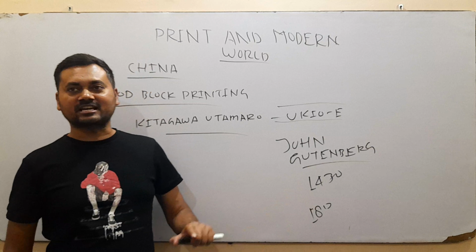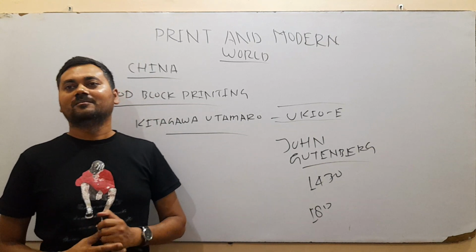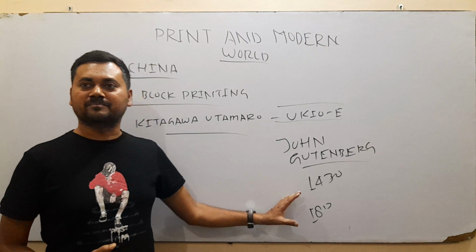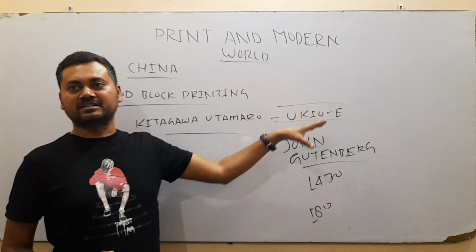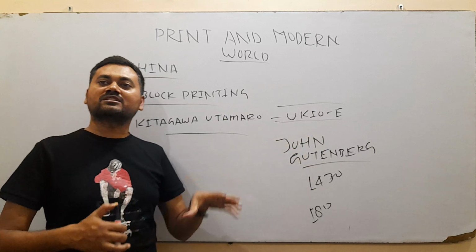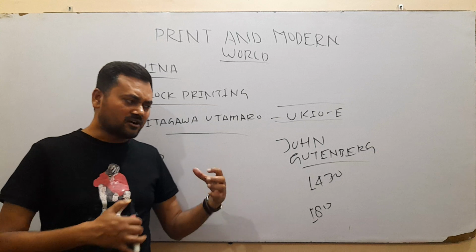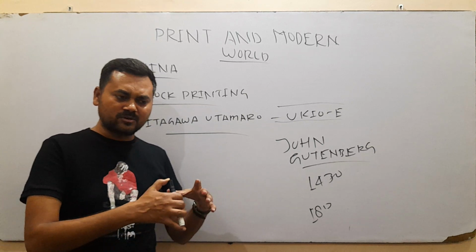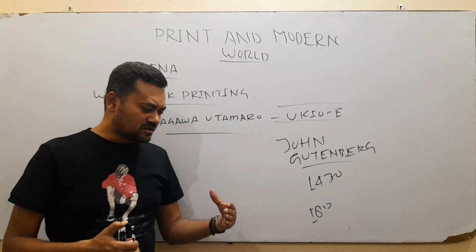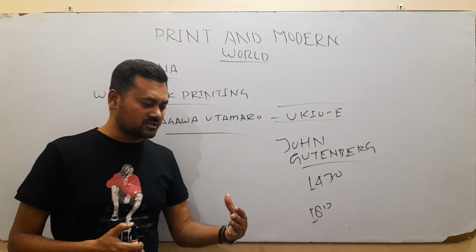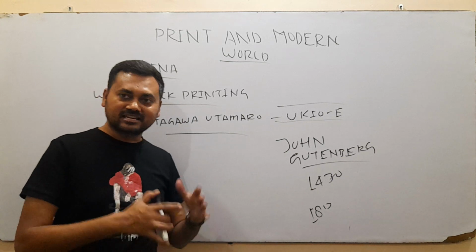And don't think that every copy was similar or identical. No, because other than the printing, the decoration on the border of the printed pages was done by the hands of the people. So no matter how precisely you do it, there will be some differences. With careful attention, you will certainly get to know that there is some difference.